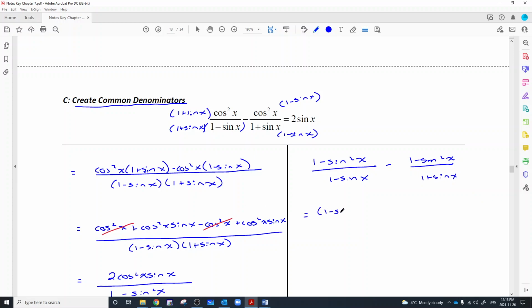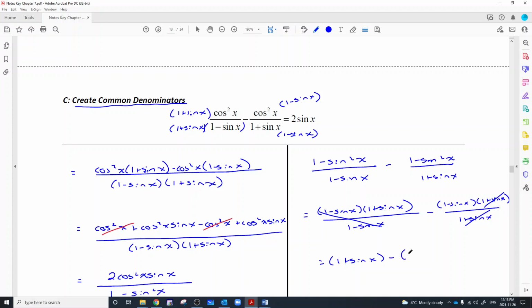This would be 1 minus sine x times 1 plus sine x all over 1 minus sine x. And you can see now that that would go away. Minus, this one would be 1 minus sine x times 1 plus sine x all over 1 plus sine x. And then this factor would go away. And I'd be left with 1 plus sine x minus 1 minus sine x, which would give me 1 minus 1 is gone. Sine x minus sine x is 2 sine x.